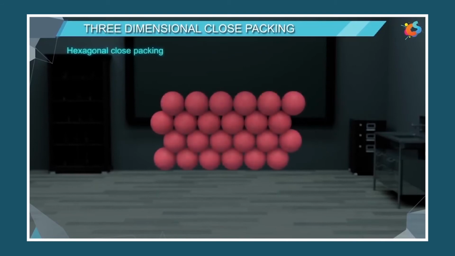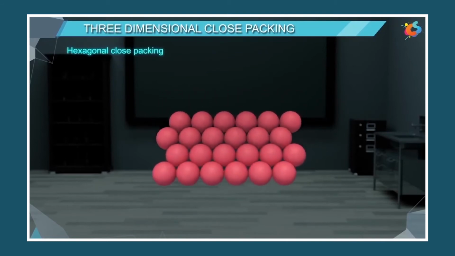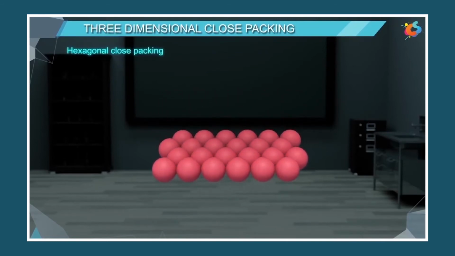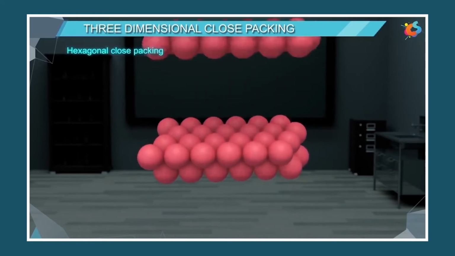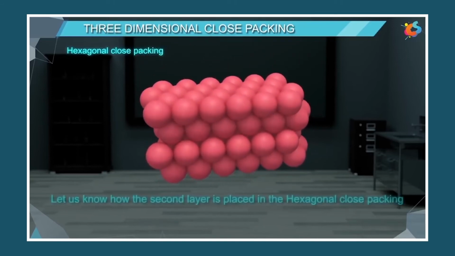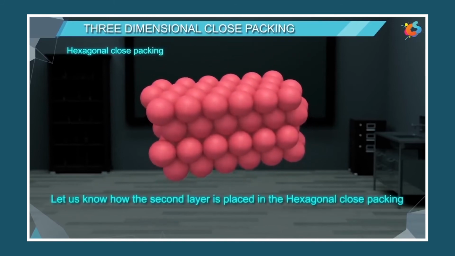Here, the three-dimensional hexagonal close packed structure can be obtained by placing a two-dimensional hexagonal close packed layer one above the other, that is, placing the second layer over the first layer. Let us take a two-dimensional hexagonal close packed layer A. Notice this layer has a triangular void. Place a similar close packed layer in such a way that the spheres of the second layer are placed in depressions of the first layer.